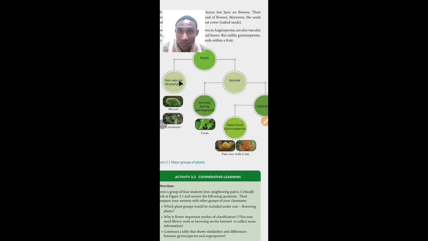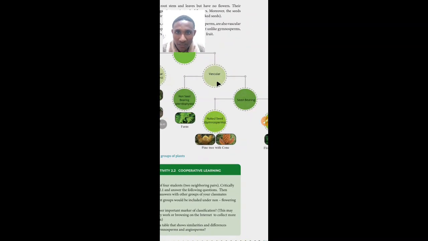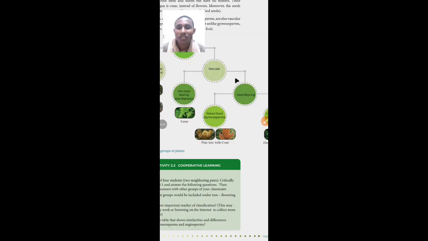Vascular means the plants that exhibit a vascular bundle, which is xylem and phloem. But the non-vascular plants are those plants that do not have any vascular bundle, like mosses and liverworts. Those mosses and liverworts are lower plants.